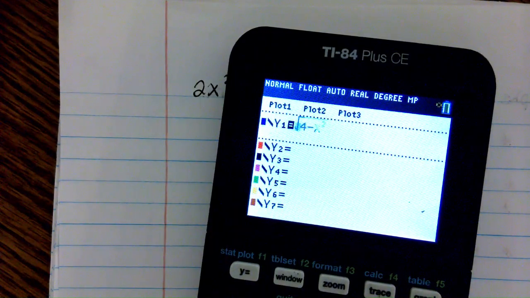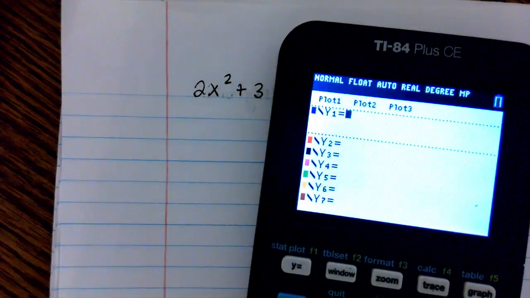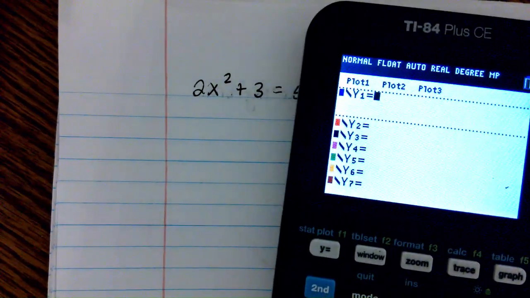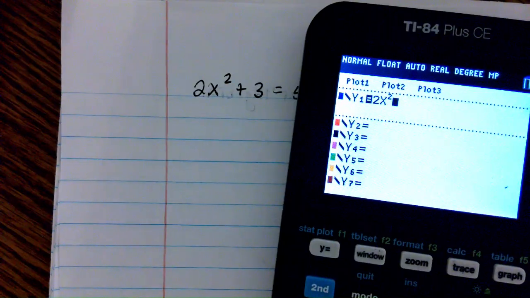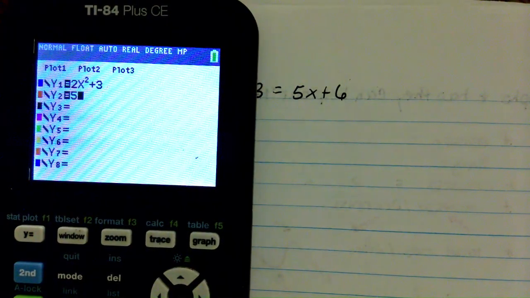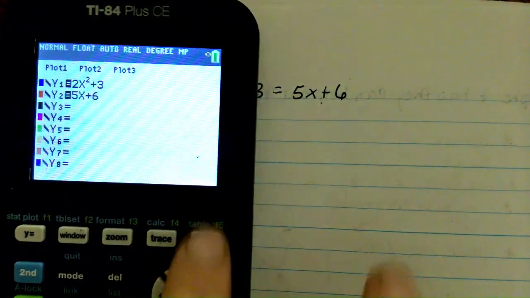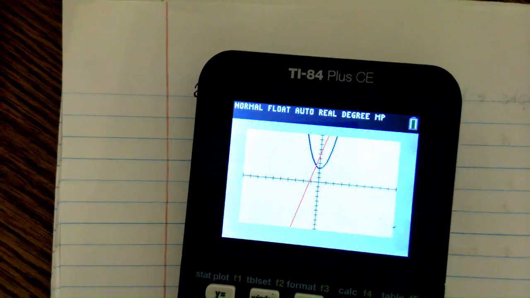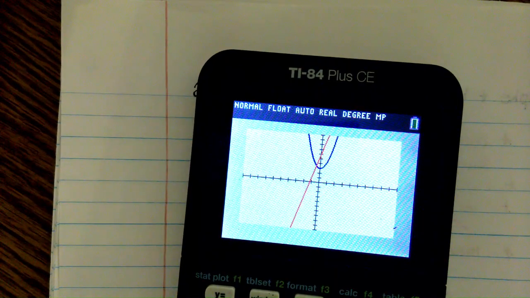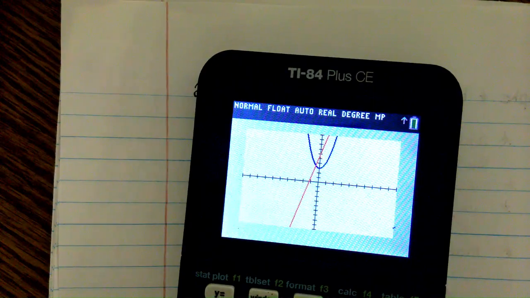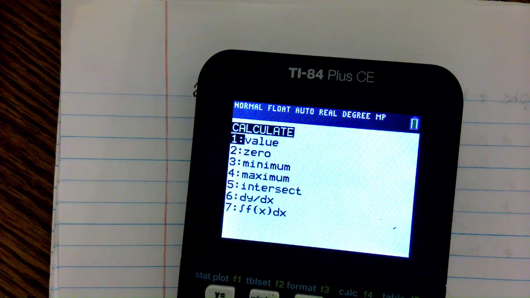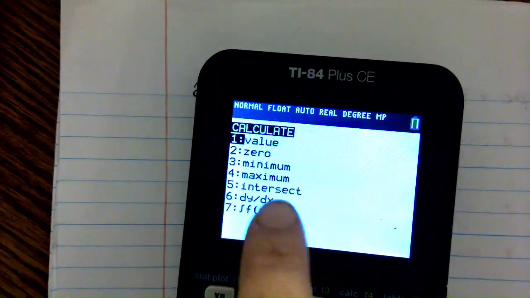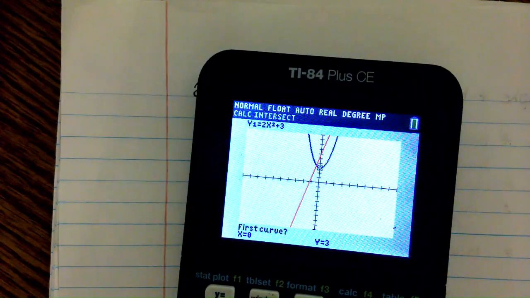So I'm going to come into my y equals, and I'm going to put everything to the left of the equal sign as my first equation, and everything to the right as my other. And I'm going to graph. They do look like they meet. Okay, so calculate this time, since they look like they meet, I'm going to use number 5, intersection.